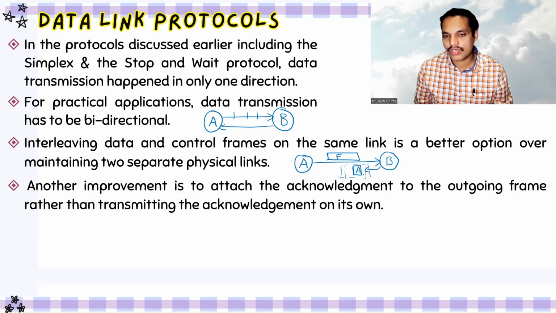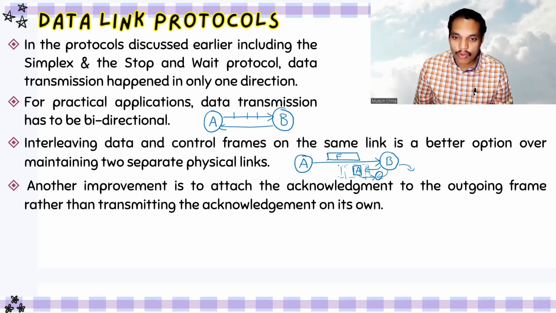So imagine a situation where we can add this acknowledgement to the next outgoing data frame from B. If B is going to reply to this frame with its own data, and I am able to add this acknowledgement to this next outgoing frame, I can save all this overhead. That means I can utilize the bandwidth efficiently.